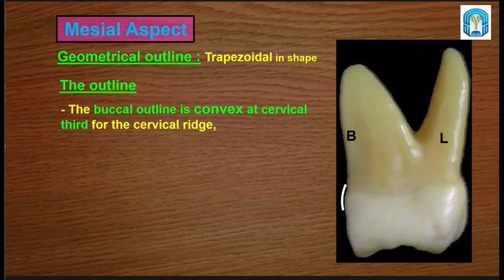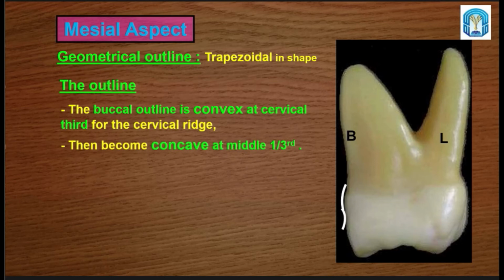You see the buccal outline and lingual outline. The buccal outline is usually convex at the cervical third due to the cervical ridge. It is true for all teeth. Then it becomes concave at the middle third.